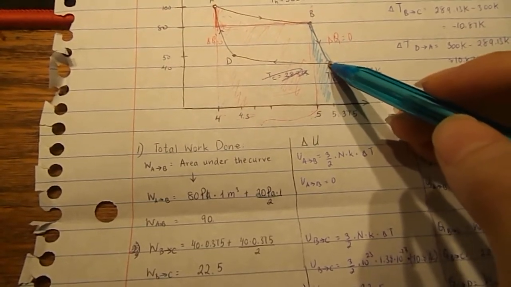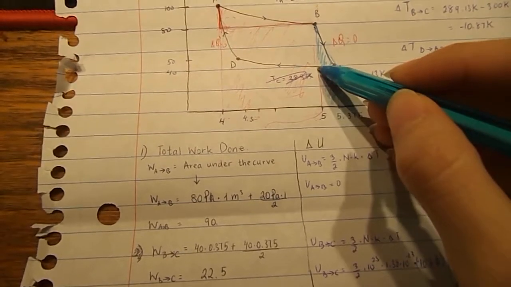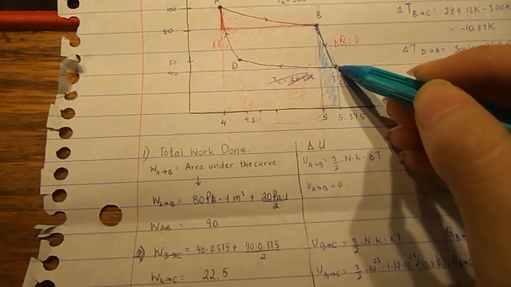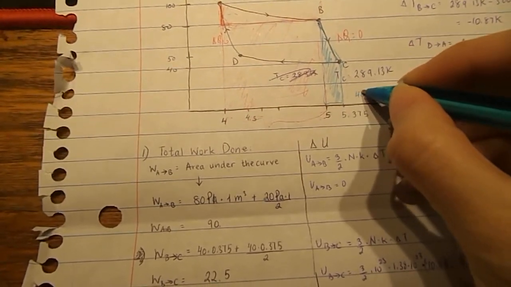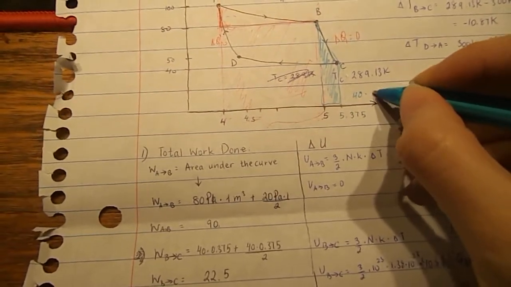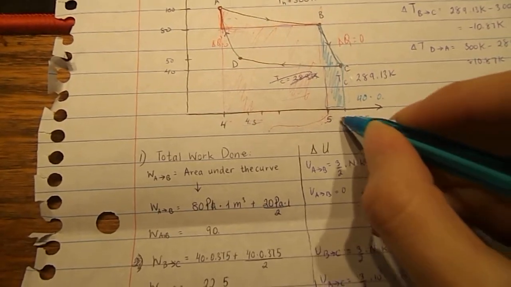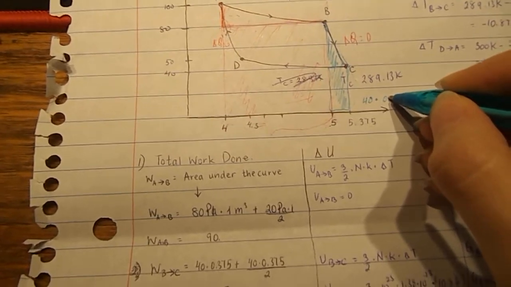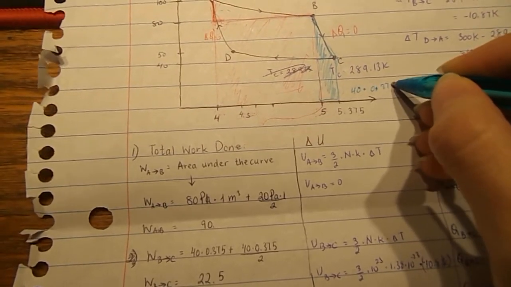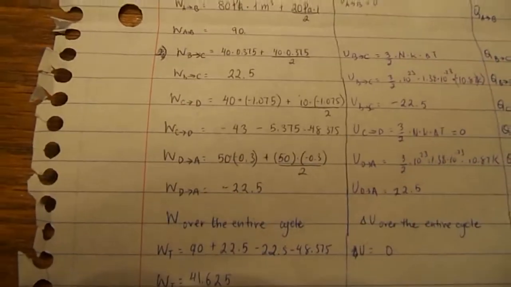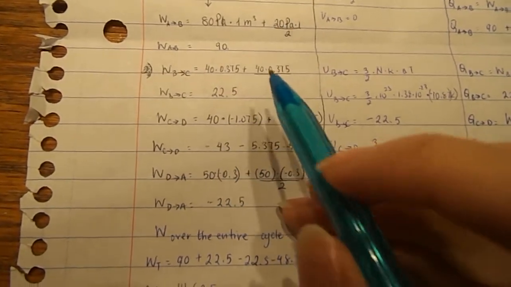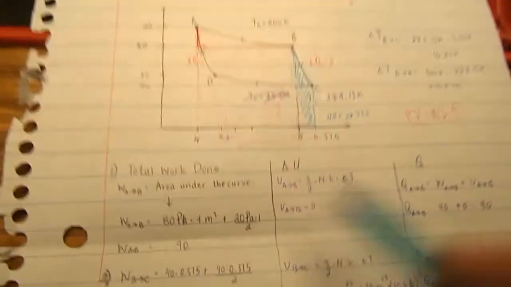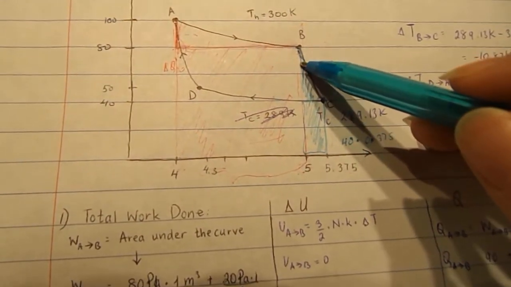So we have this rectangle again, which is like 40 by 5.375 minus 5, 40 times, that's the height, and the base is 0.375. So that's what I wrote down here. From B to C, 40 times 0.375, and we have this triangle here.